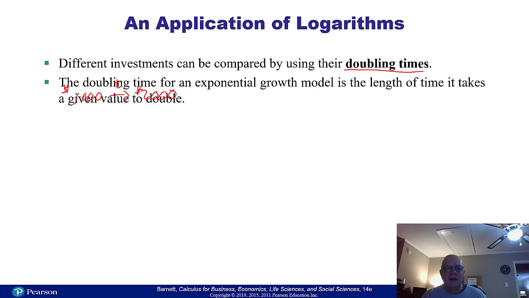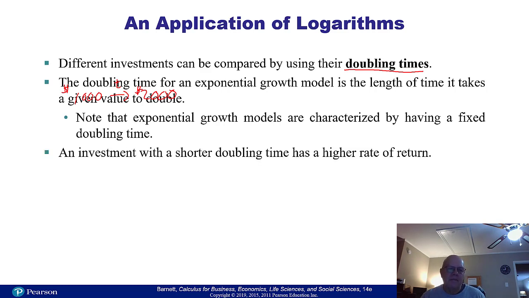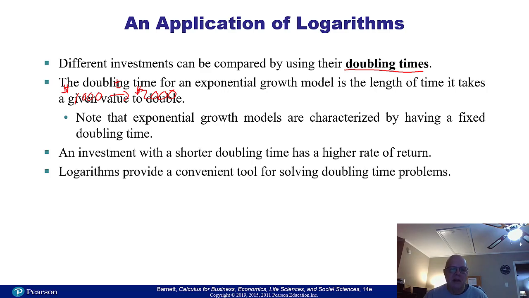That's the doubling time. And exponential growth models have a fixed doubling time. An investment with a shorter doubling time has a higher rate of return because it doesn't take as long for your 1,000 to turn into 2,000. Logarithms make this much easier. Otherwise, you'd have to do a trial and error until you finally got the time that would give you double the amount.